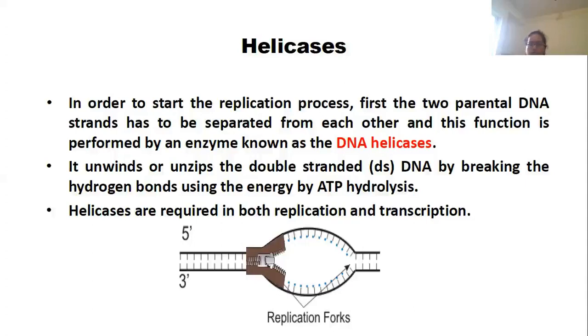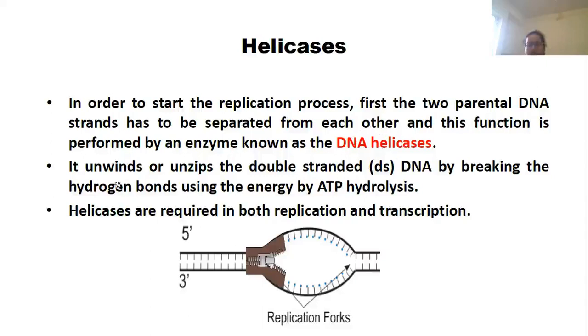Now, what are the various enzymes involved in DNA replication? In this list, the first enzyme is what? Helicases, and they play their role first because they are required for separating the double-stranded DNA molecule into single strands.